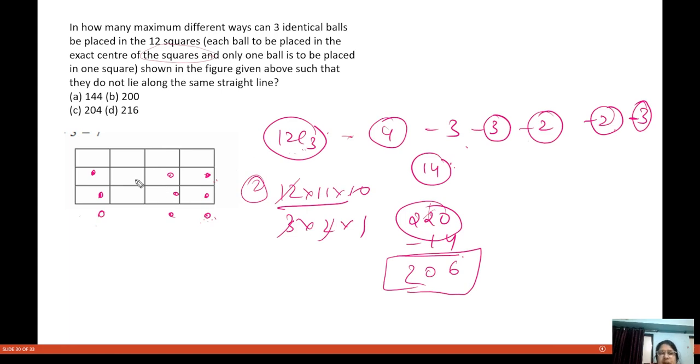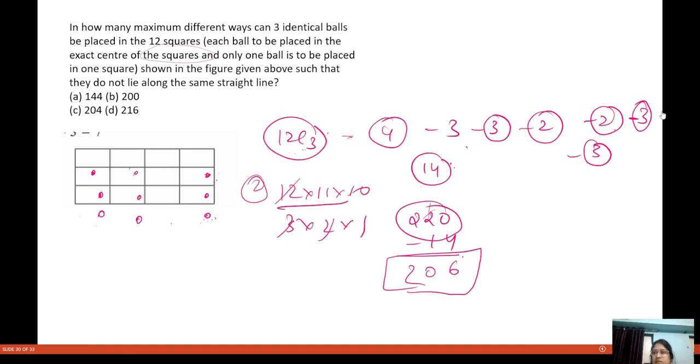And then one more condition: we are putting one ball here, one ball here, and one ball here. So these are also the three conditions that we have to eliminate.